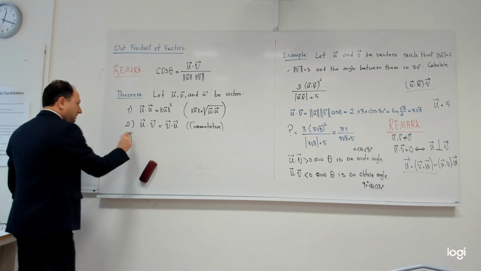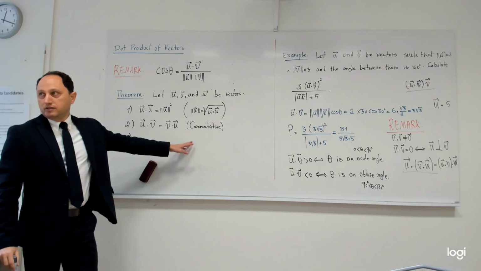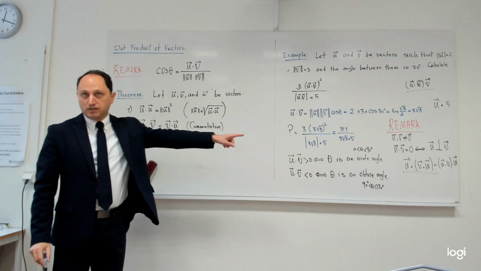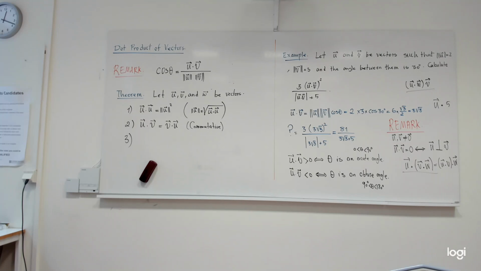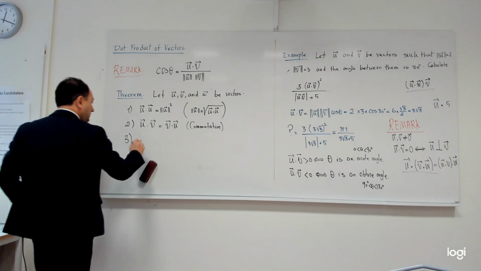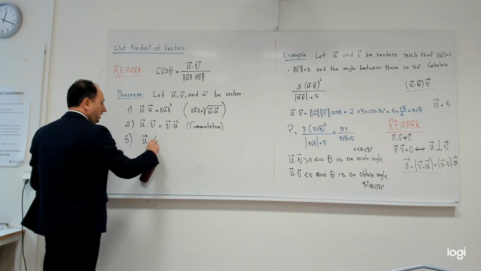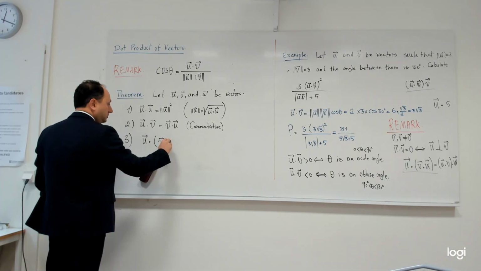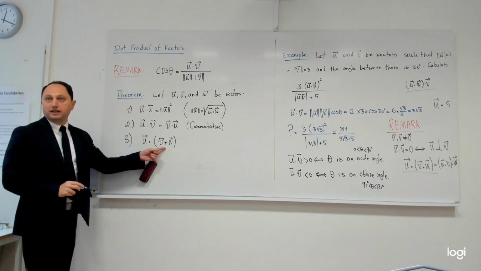So the next one that I want to talk about: commutativity, we still have it. Associativity doesn't make sense. Distributivity, we also have it, but the proof is harder. We will come back to the proof a little bit later. So what I would write for you here is that U dot, if I have V plus W, I can distribute the dot product over addition.